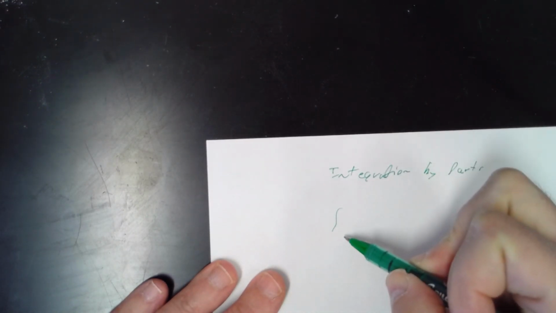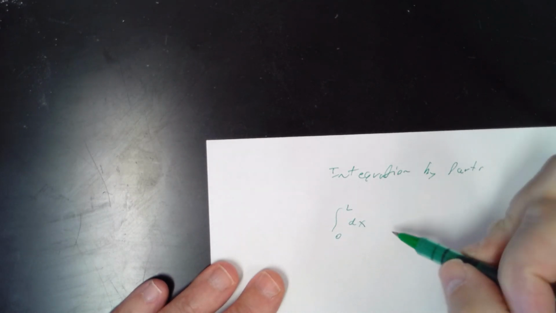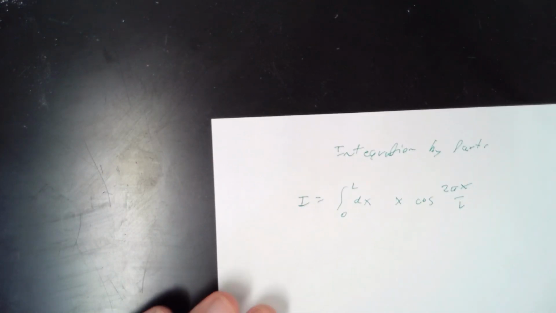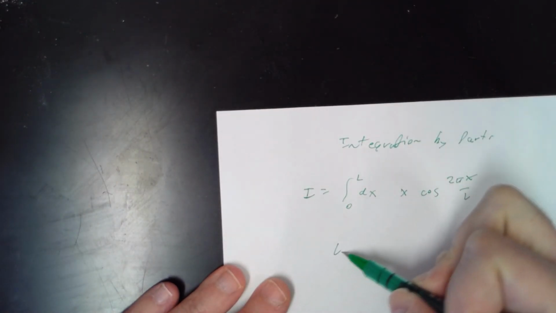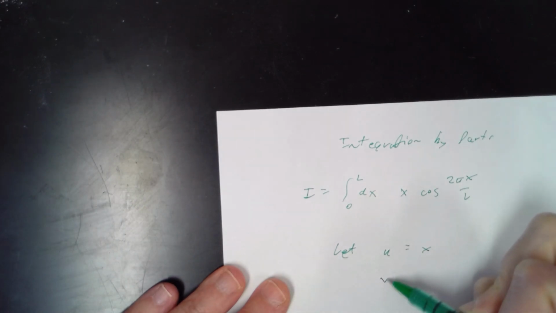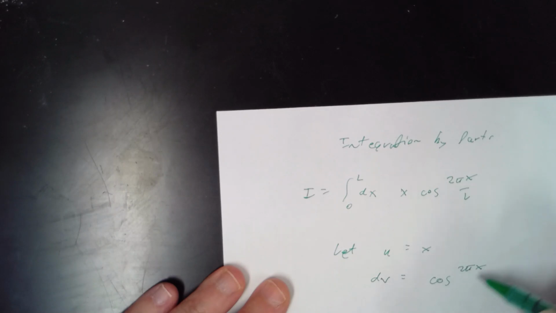I'm going to do the integral from 0 to L dx of x cosine 2 pi x over L. Let's call that integral I. So let's let u equal x. dv is going to be cosine 2 pi x over L dx.